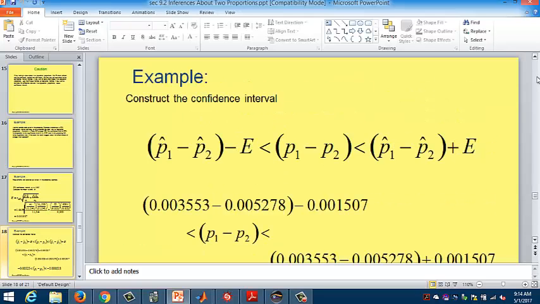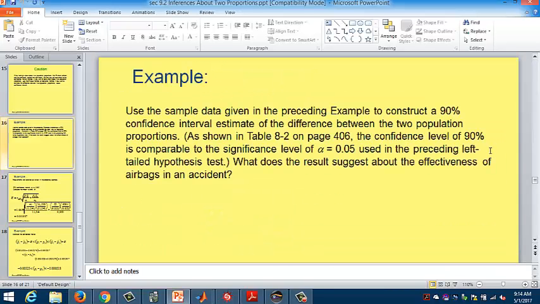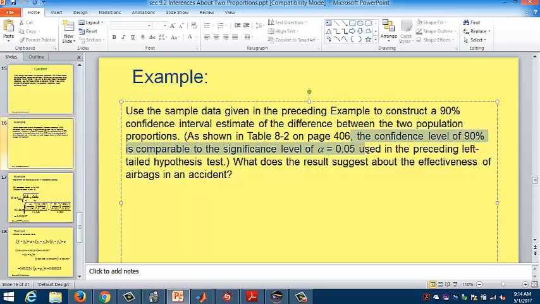Hey, maybe two more things to say. You guys will notice this line here. See that in gray? The confidence level of 90% is comparable to the significance level of alpha equals 0.05.